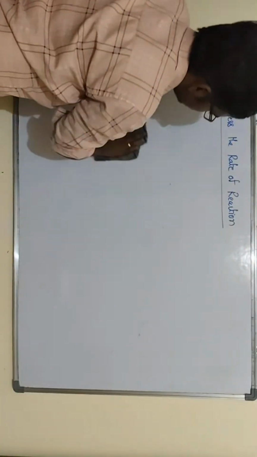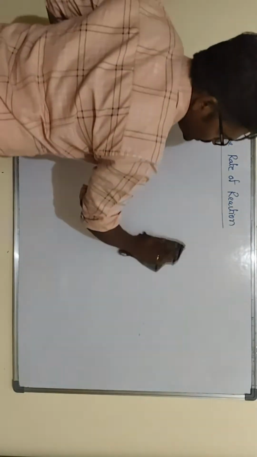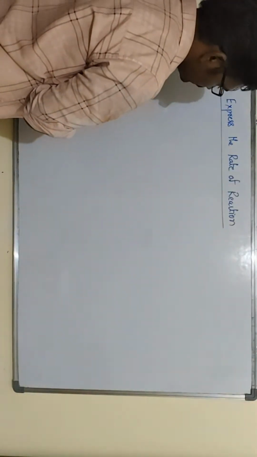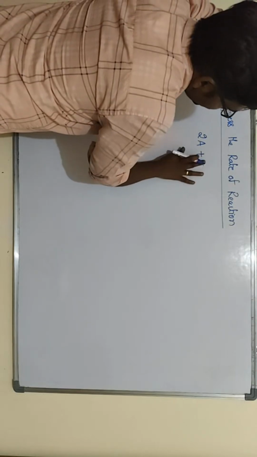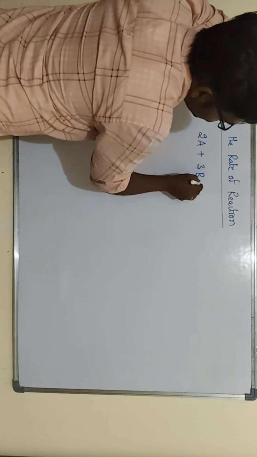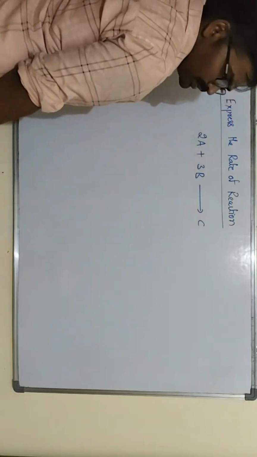One of the reactions we'll see. So in general, the reaction we are taking is 2A plus 3B gives rise to C. This is one of the reactions.